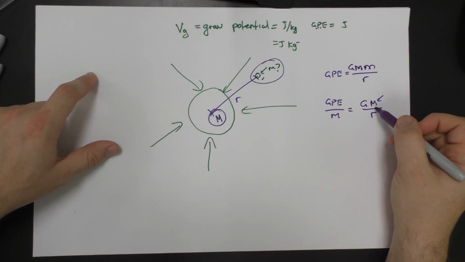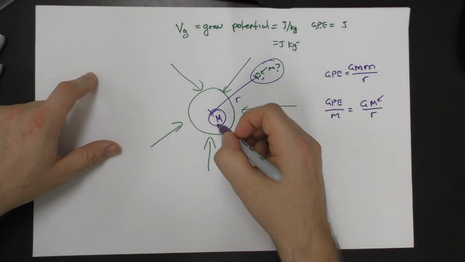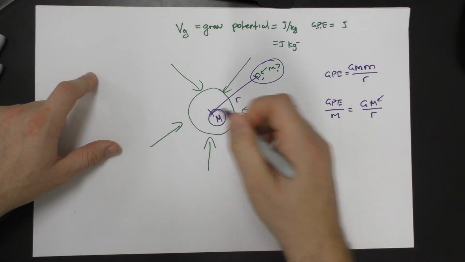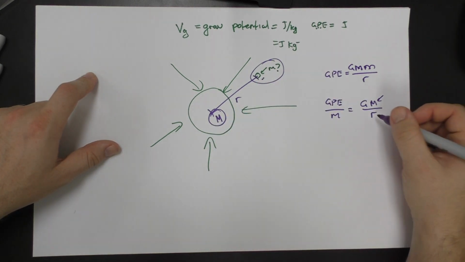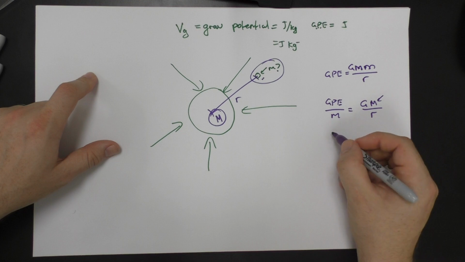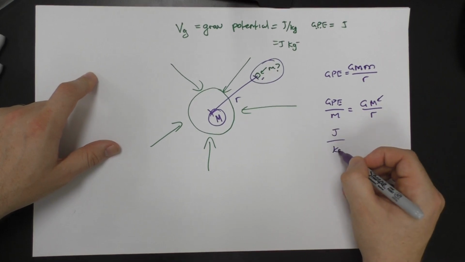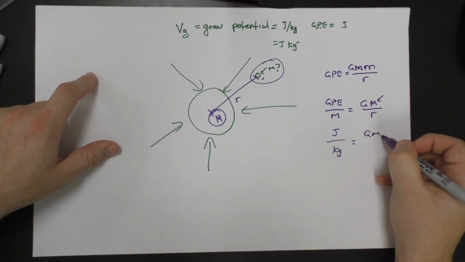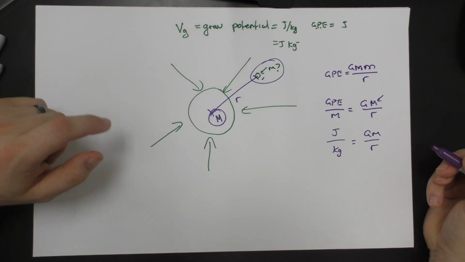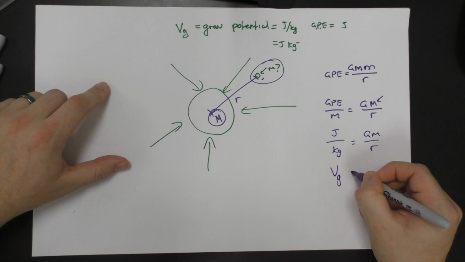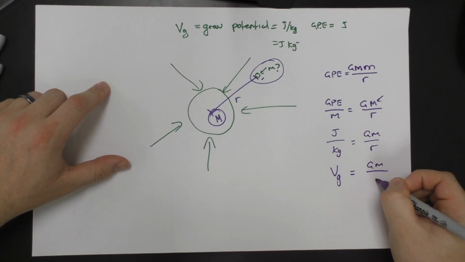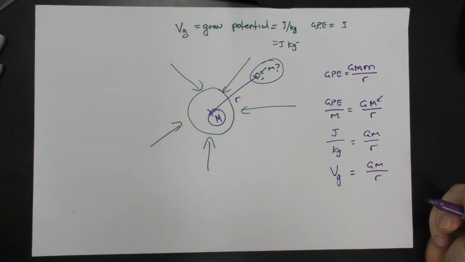The M in the field strength equation is the M of the mass that's creating that field. And obviously we've got r there. And there we have it. Look, that's joules per kilogram equals GM over r. And so what we've got there is an equation for Vg, which equals GM over r. And that's where that equation comes from.